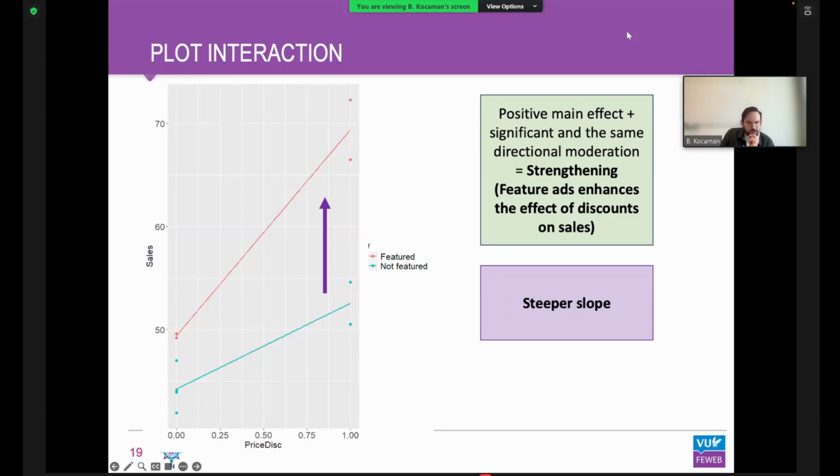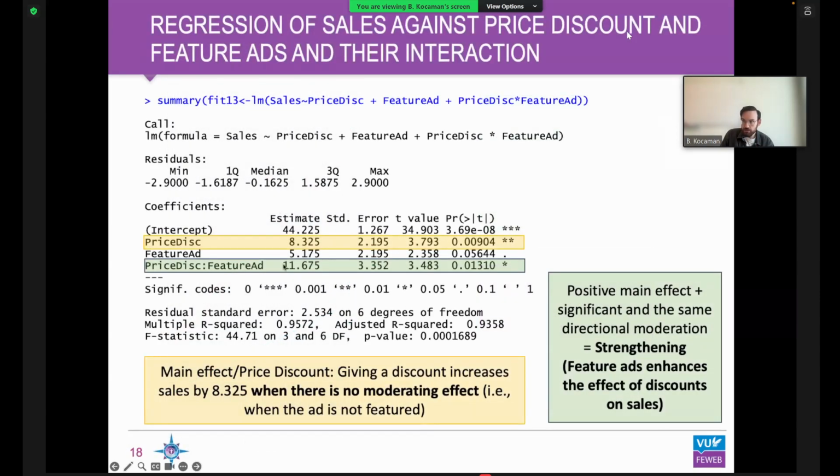What would the moderator coefficient be if it would have a weakening effect? Yes, for the moderator to be weakening, it has to be negative and significant.